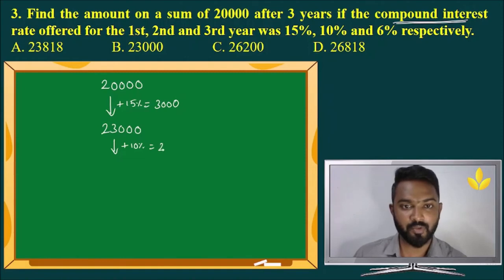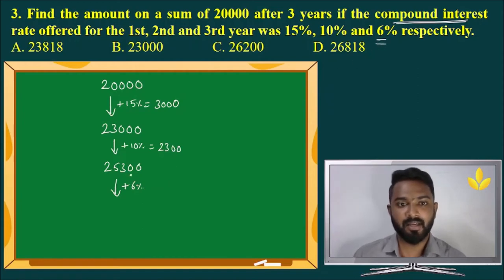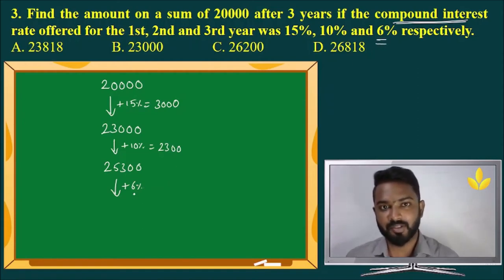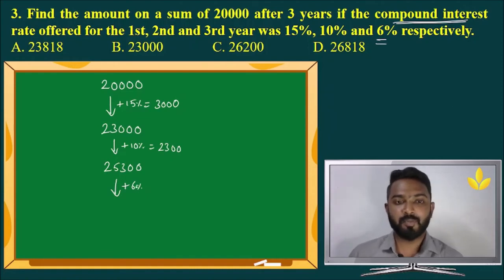Then this increases by 10%. 10% of this is 2300. This plus this is nothing but 25300. And then this increases by 6%. Now you don't have to actually solve this. 6% of 25300 is nothing but 253 into 6.